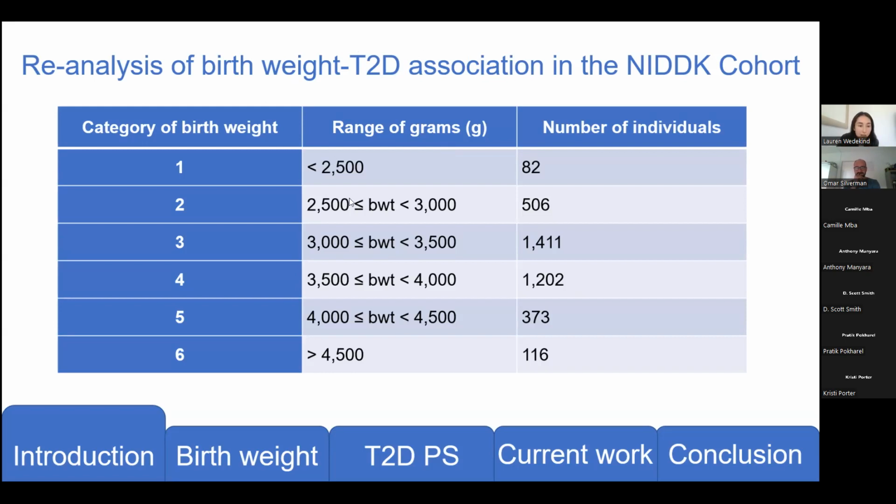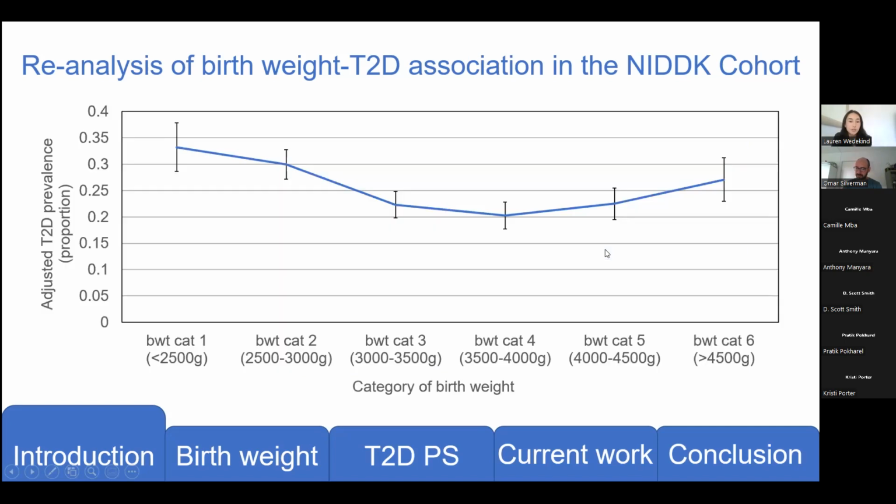So on the lower side, categories 1 through 2, and then on the higher side, 5 through 6. So going here, we see that in splitting individuals into these categories, we can see a U-shaped relationship that is significant. And then the prevalence of type 2 diabetes is on the left-hand column.